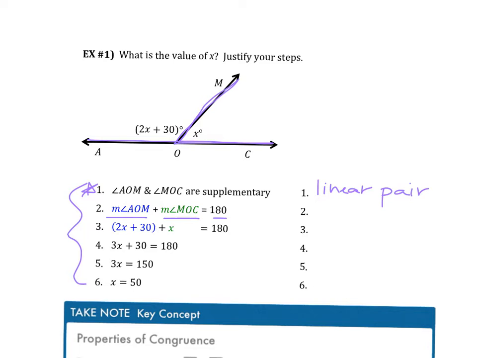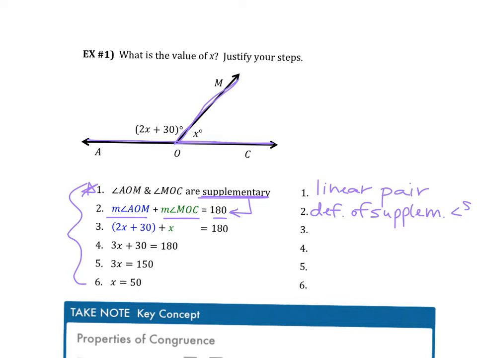Which makes them a linear pair. So because of this, that's going to be part of our reason for number 2. So we would just say that's the definition of supplementary angles. Okay, because they're supplementary, they have to equal 180.